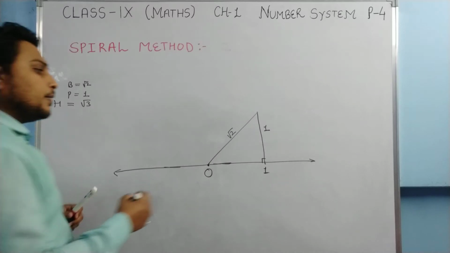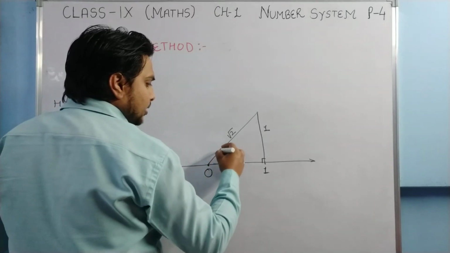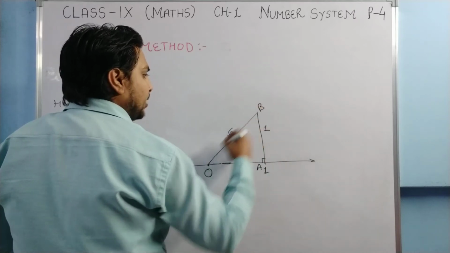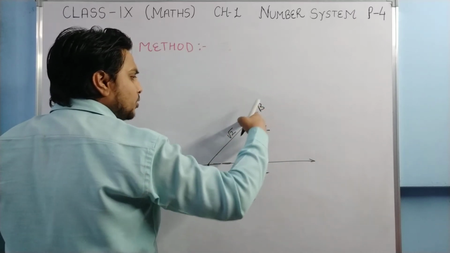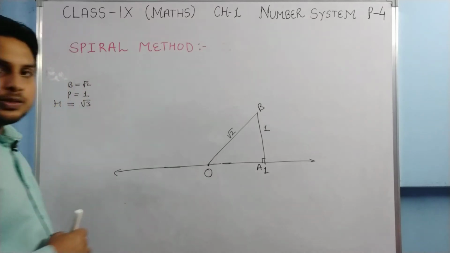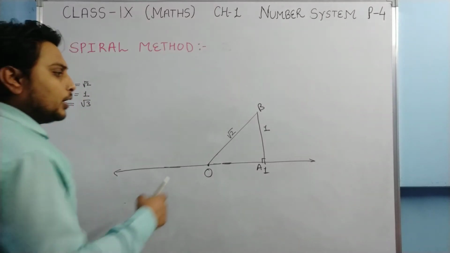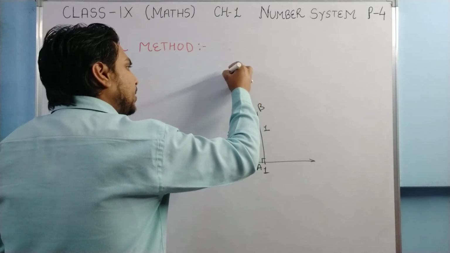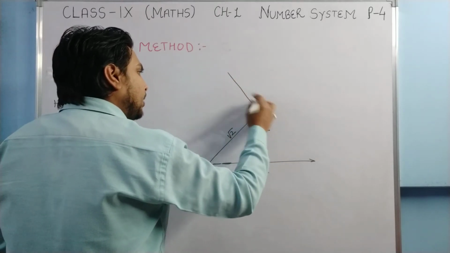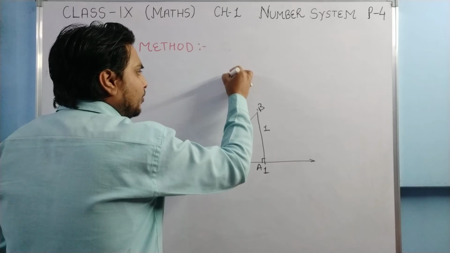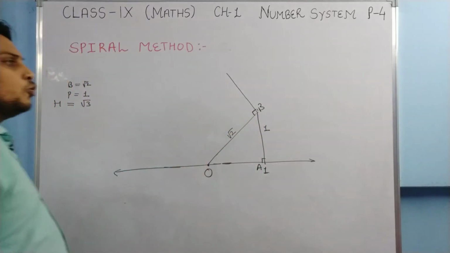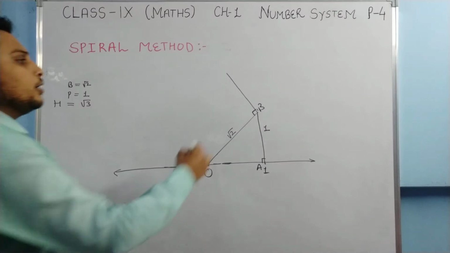So students, assume this is point B. If we take this OB as base, at this base we will draw a perpendicular of 1 unit.